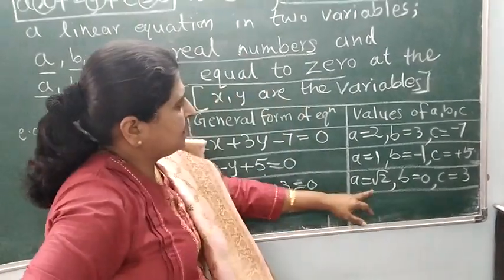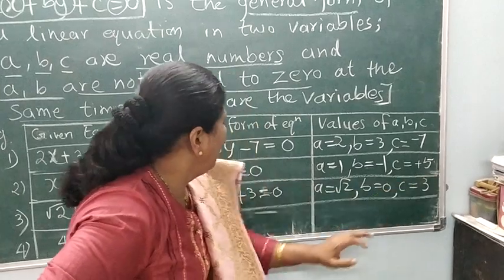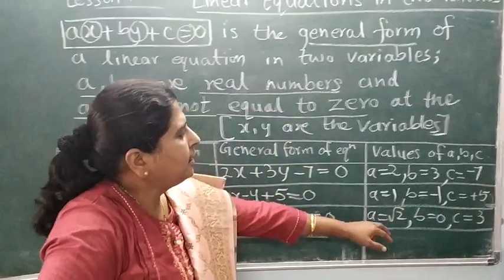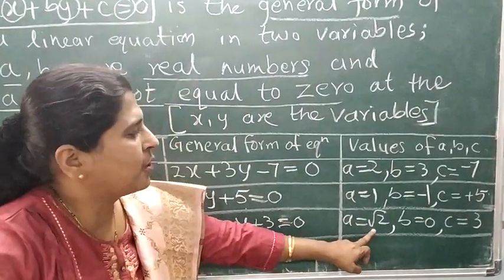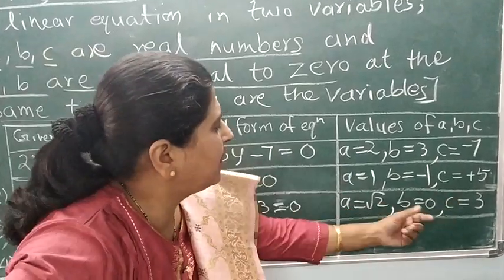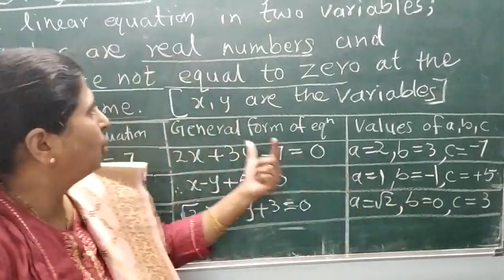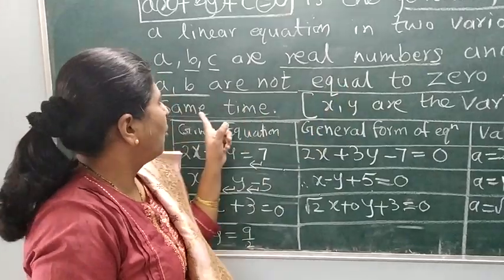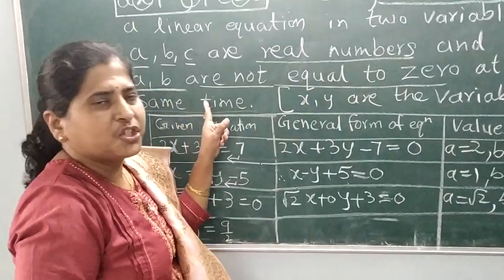Here we can see that square root of 2, 0 and 3 are all real numbers. Here the value of b is 0, but a is not 0. So these all three are real numbers, and a and b are not both equal to 0 at the same time. This condition is fulfilled.